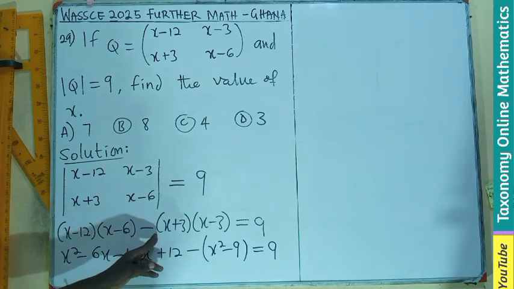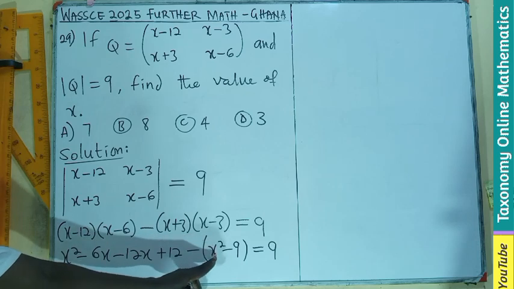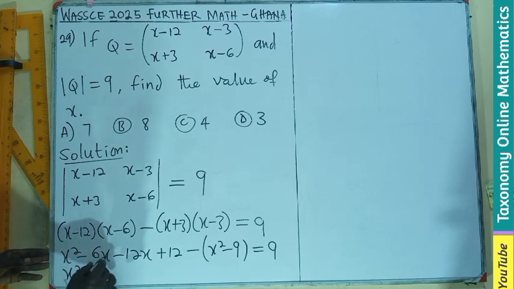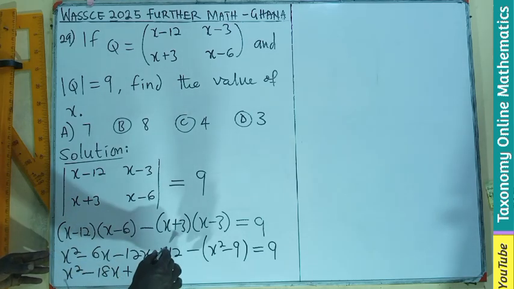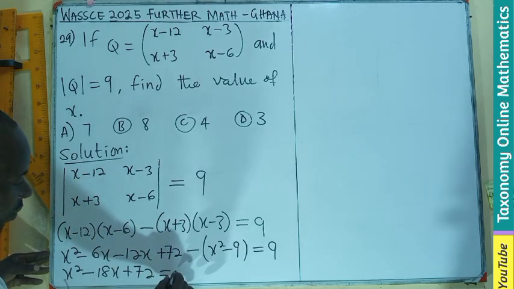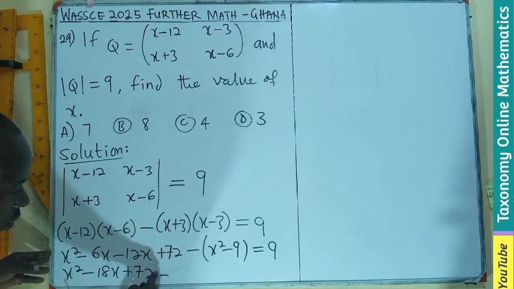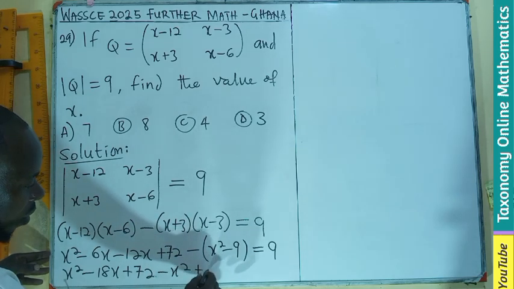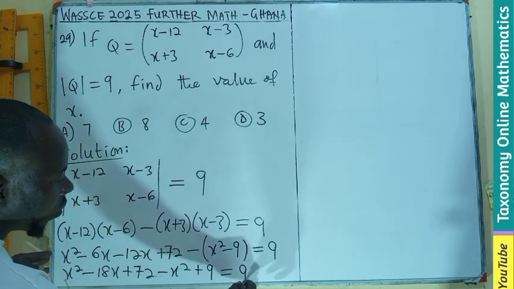So if you don't bring the bracket before the negative, it will affect only the x squared here. So let's expand further. I'll be having x squared, this will be negative 18x plus 72, minus x squared, plus 9 equals what?